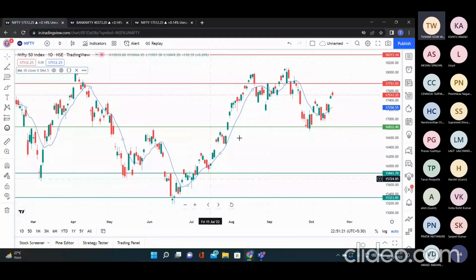Here it shows a bullish pattern, here it is a bearish pattern. So you can use a combination of indicators to analyze the market. Ultimately it's very difficult to predict, but we can help ourselves with these indicators to know where the market is heading.